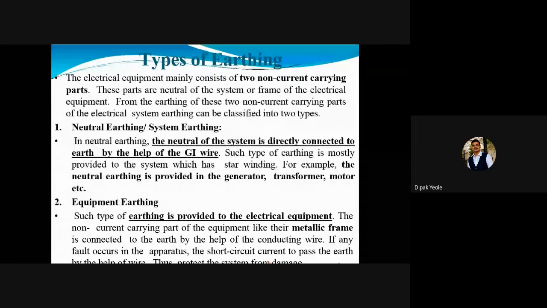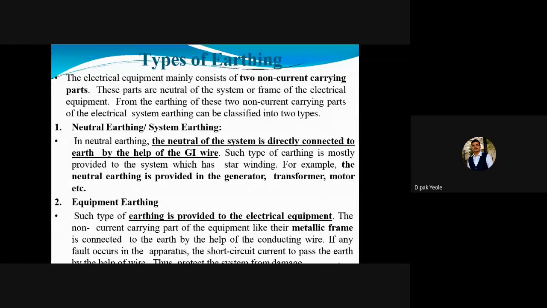Now the fifth point is the types of earthing. Why are there types? We know that depending on the application and the requirement, there are types of earthing system. So what is the first point? The electrical equipment mainly consists of two non-current carrying parts.